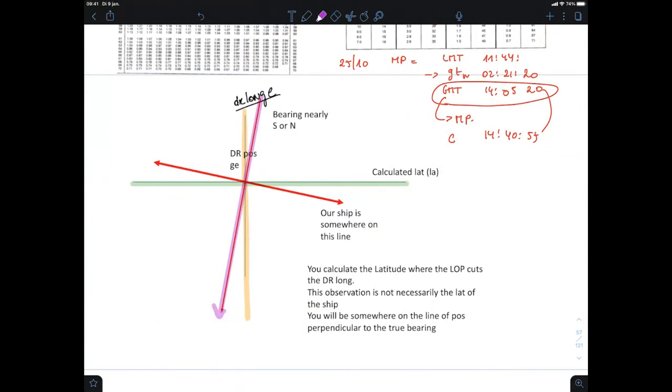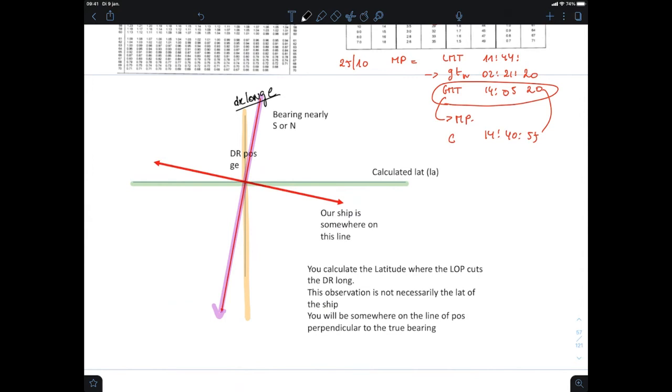And so where do you indicate this true bearing? Where do you have to indicate your true bearing line?